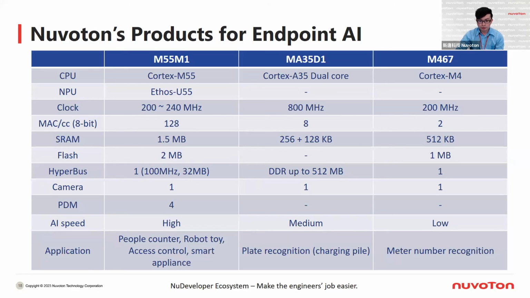Under the M55M1, we observe a higher number of MACs per cycle, indicating that it is the fastest of the three. It also has the broadest range of applications, such as people counting, robotics, and so on.